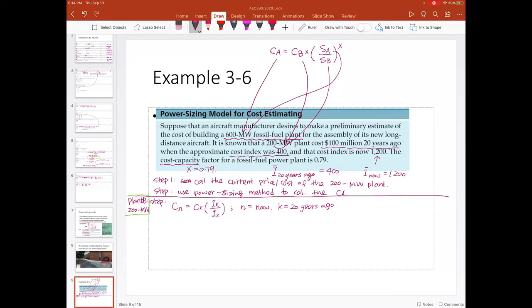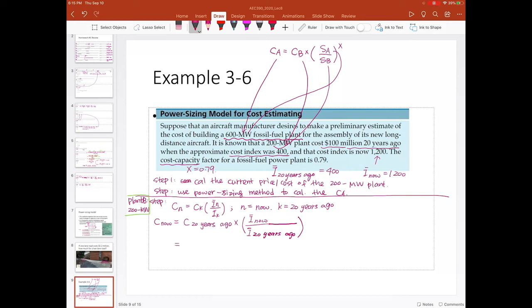Okay, so according to this equation, we know the C now is the C for 20 years ago times I bar n is now, so I bar now over I bar 20 years ago. Okay, so replace this with the variables.